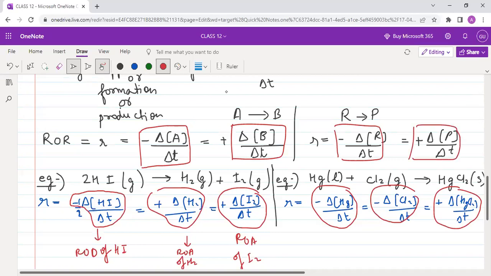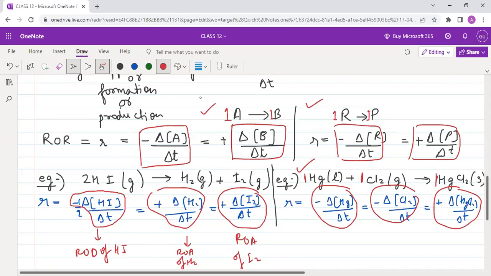Now you can see here in the A to B reaction, the stoichiometric coefficient is 1. Yes or no? Yes. And in the second example also, R to P, the stoichiometric coefficient is 1 for both reactants and products. And in this example also the stoichiometric coefficient is 1. So in these three examples, you can observe that the stoichiometric coefficients of the reactants and products are the same.